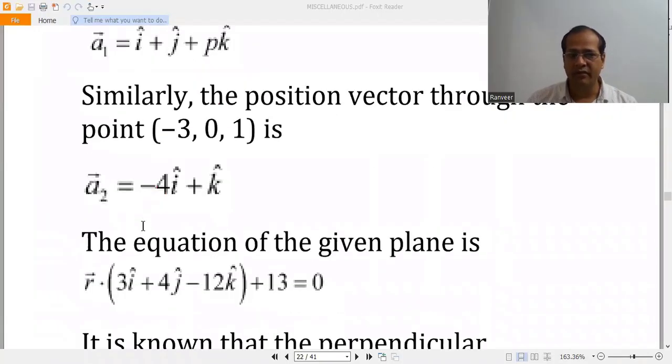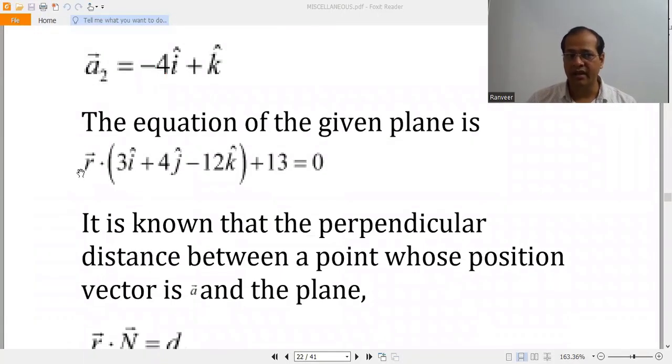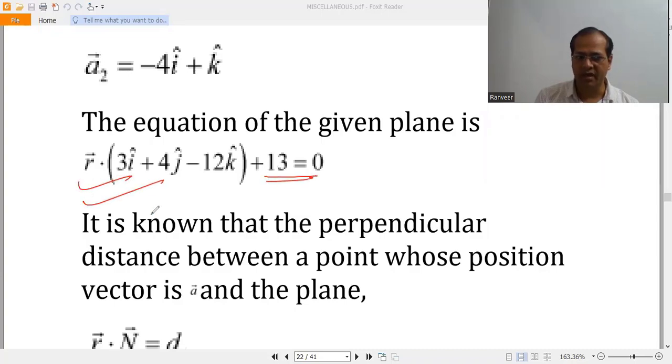Now, because it is given in vector form, the equation of the plane is given as r · (3i + 4j - 12k) + d = 0. So this is the required equation of the plane.